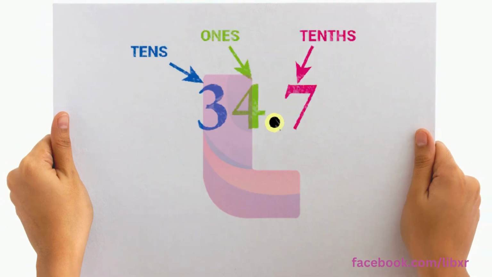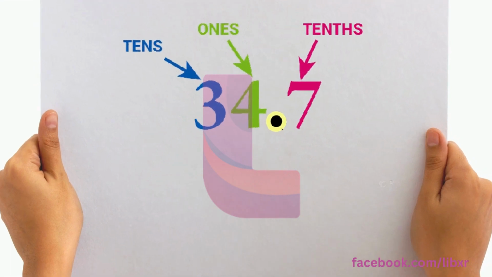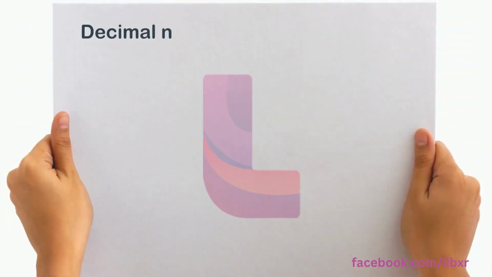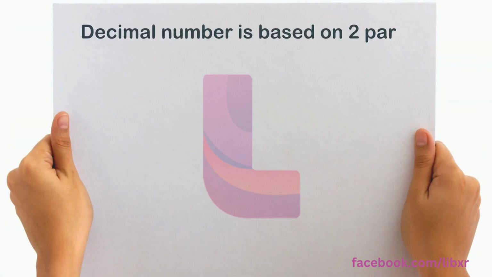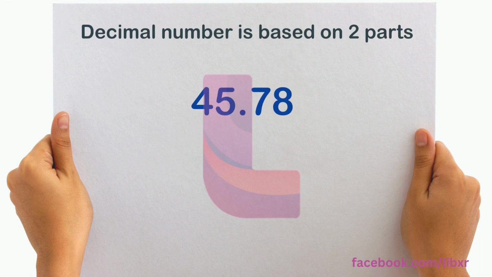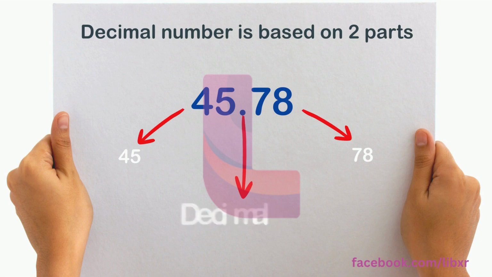Let's understand the making of decimal numbers. A decimal number is based on 2 parts, such as in 45.78, one part lies on the left of the point, that is 45, and the other part lies on the right side of the point, that is 78. The point that separates these 2 parts is known as the decimal point.